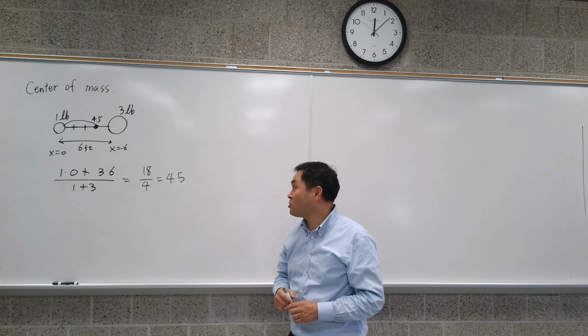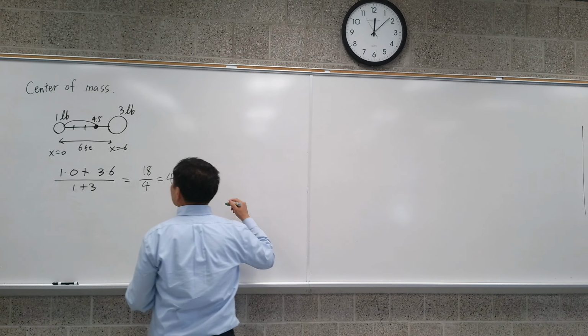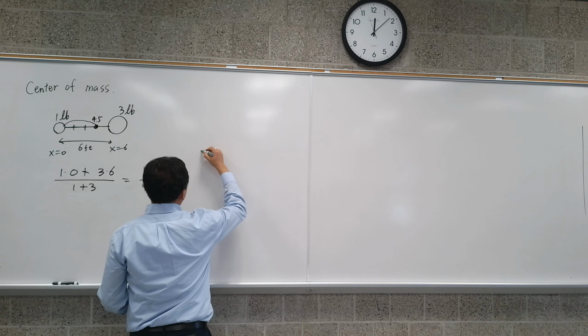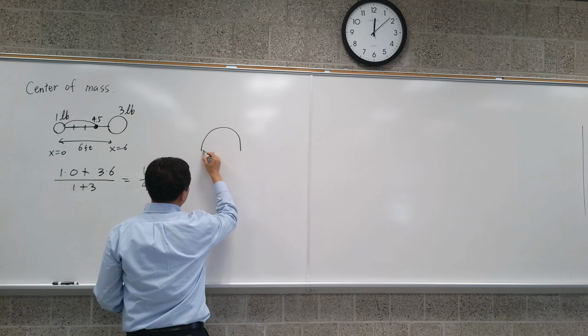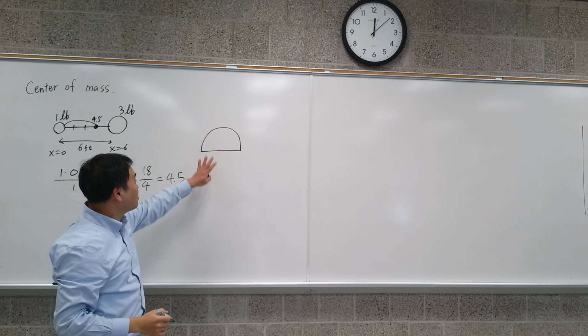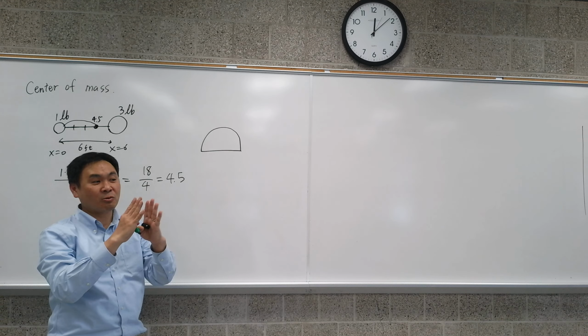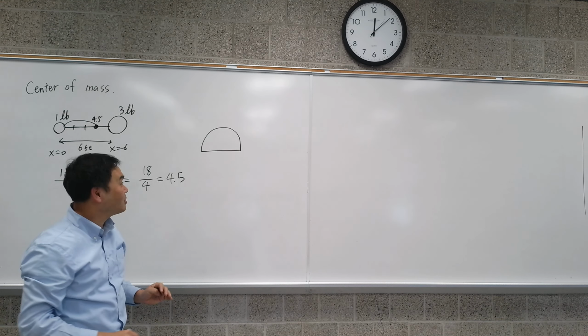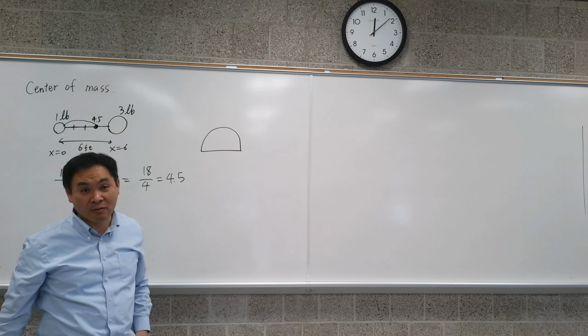So one of the questions that you get to see is, let's say you have a half a disk, okay? So you take a solid disk, which is quite thin, okay? So you take half of it, exactly half of it.